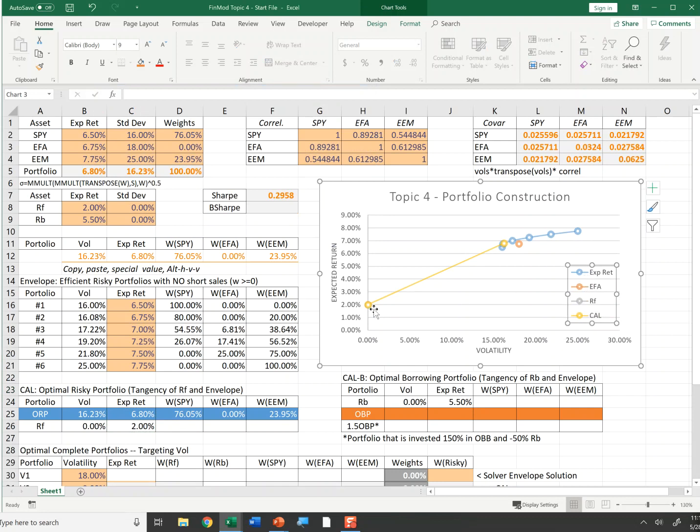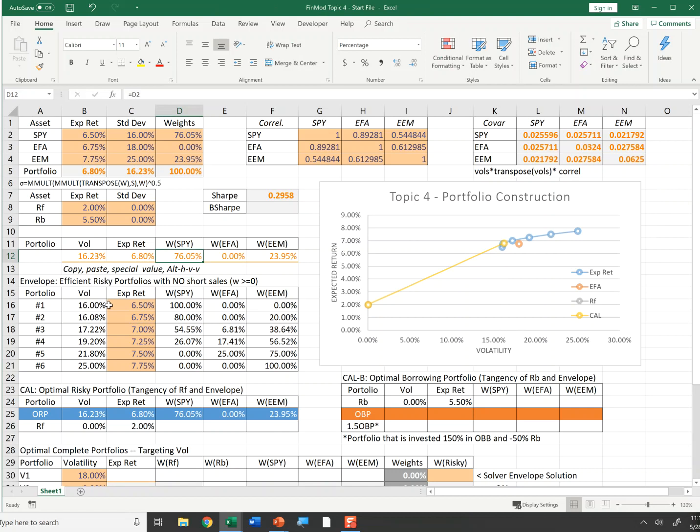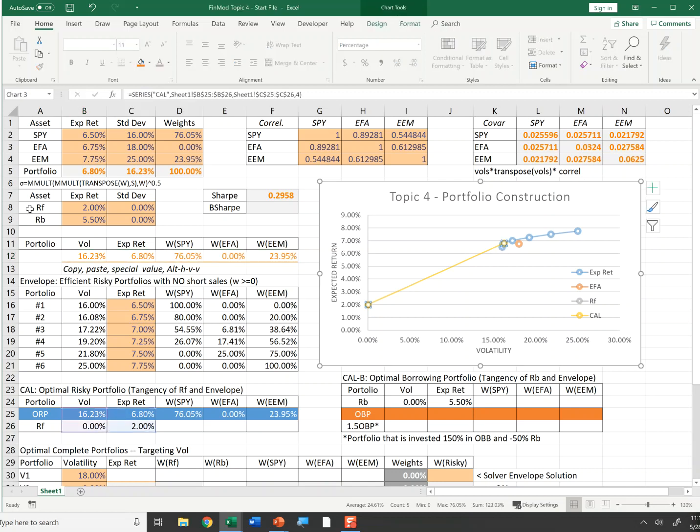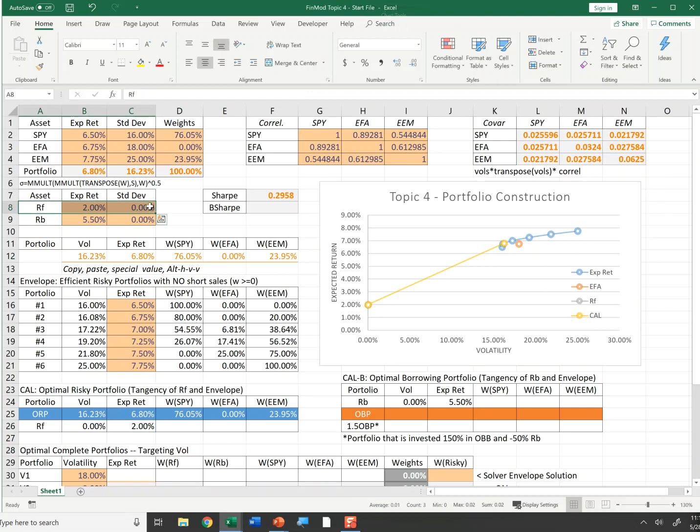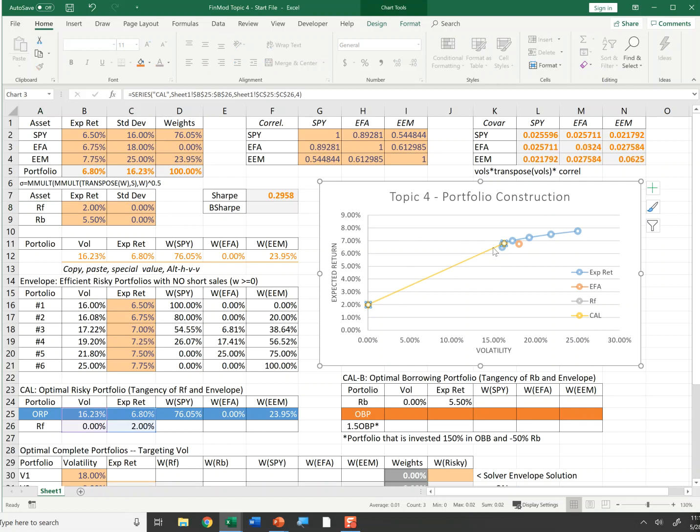If I want a portfolio that has less volatility than, say, this amount here, I could take this portfolio, which is 76% SPY and 24% EMA, and combine it with this risk-free asset, say a treasury that provides a 2% return, and I can plot anywhere along this line.